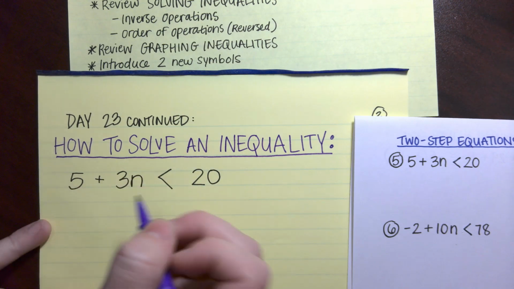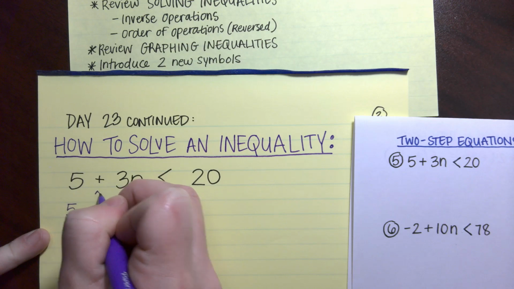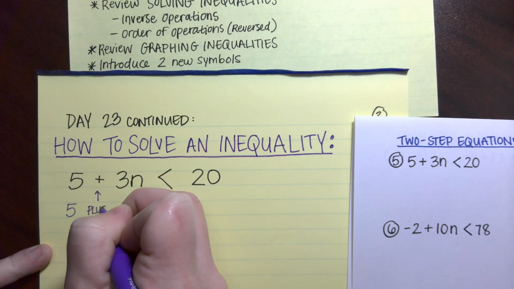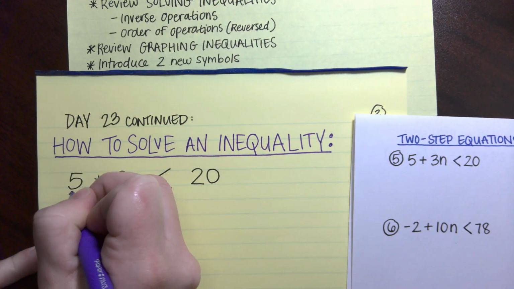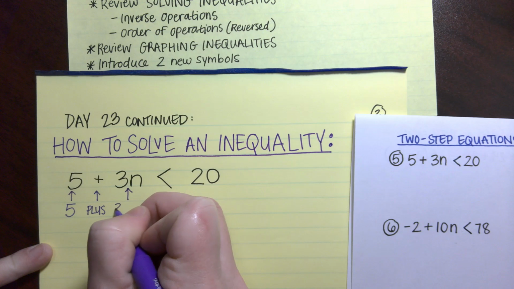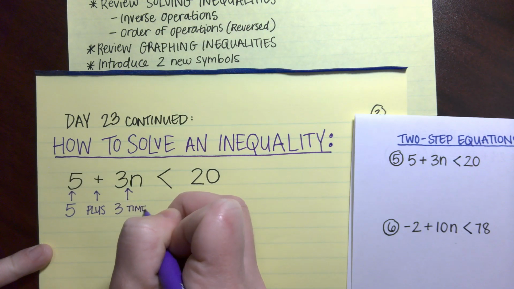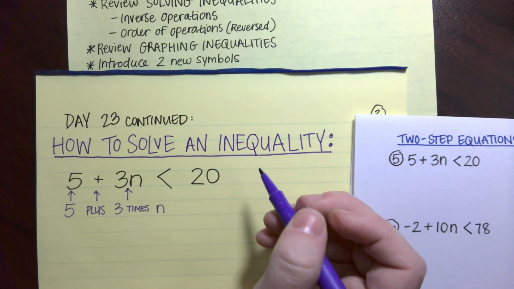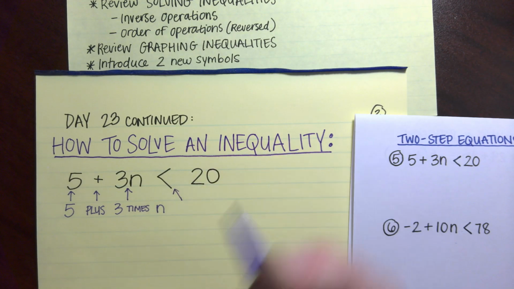So I'm going to say 5 plus, here, and I'll kind of arrow, 3 times n, and I'm going to use a different color for this part.